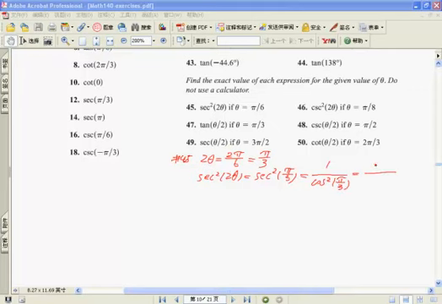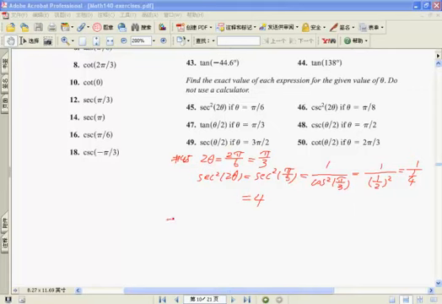We know cosine of pi over 3 is equal to 1/2, so this is 1 over the square of 1/2, which is 1 over 1/4. Finally, you get 4.